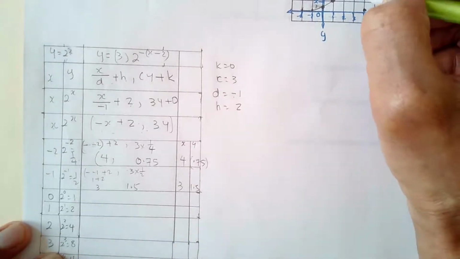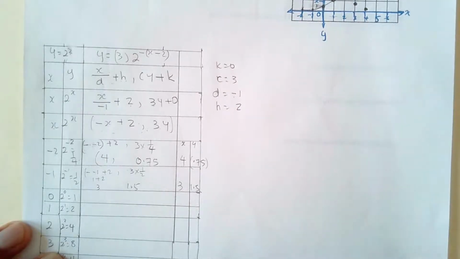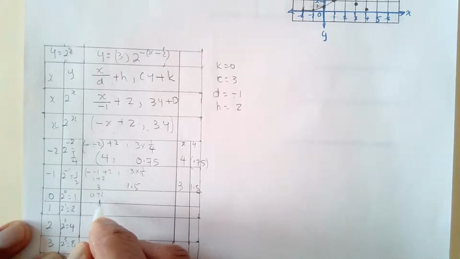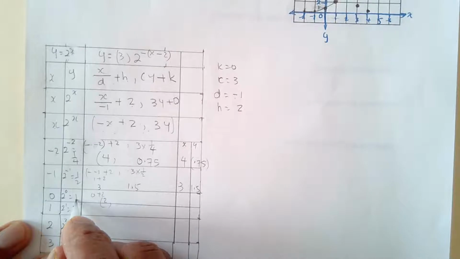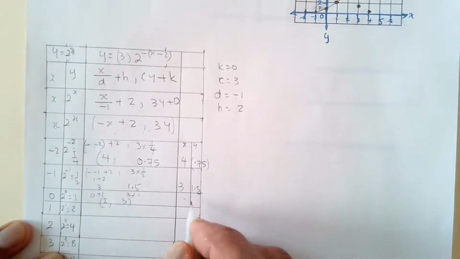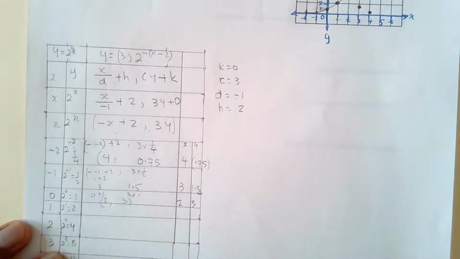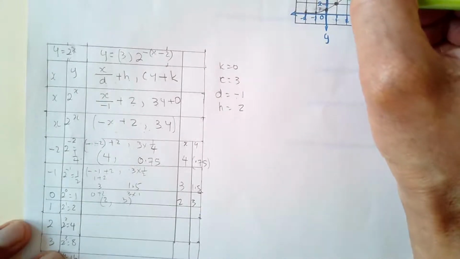So x is 3, y is 1.5, about there. We have 0, negative 0 plus 2 gives us 2, and our y is 1, so 3 times 1 gives us 3. So x is 2, y is 3, up here.